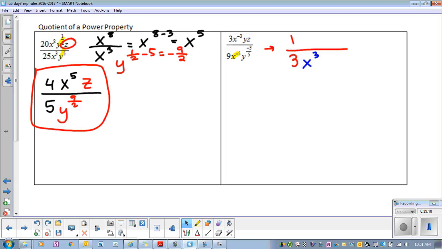Now, what about this x to the negative 5th power on the bottom? How do I turn that positive? Right? I took care of that one. That one's done. But what about this one on the bottom that's negative? You move it to the top. Yeah, move it to the top, and then it becomes positive. That one's done.